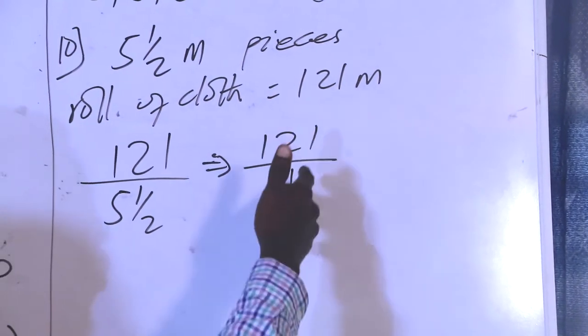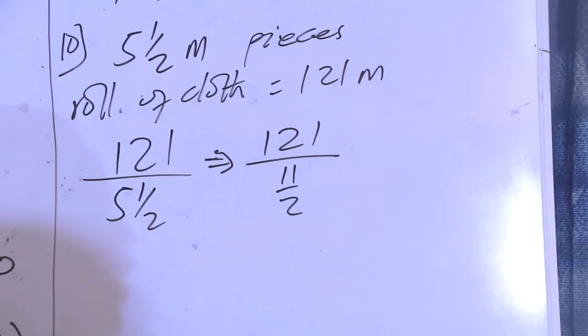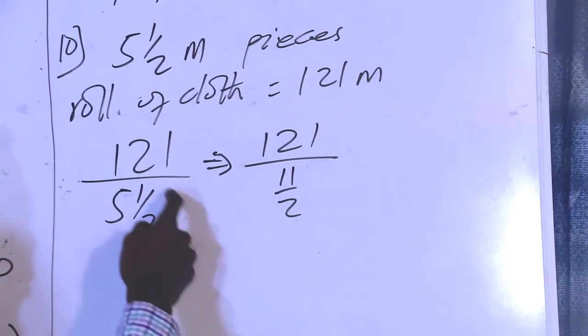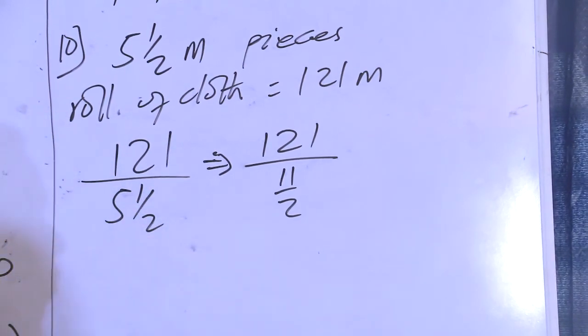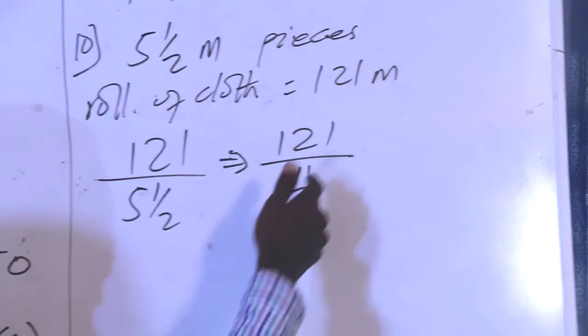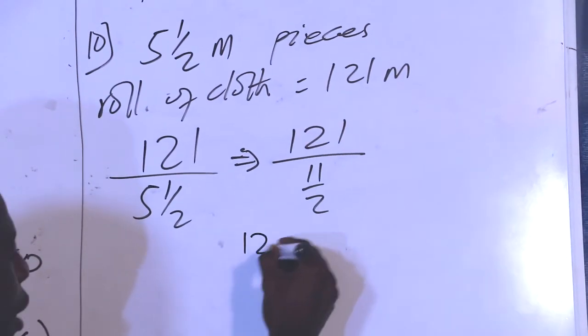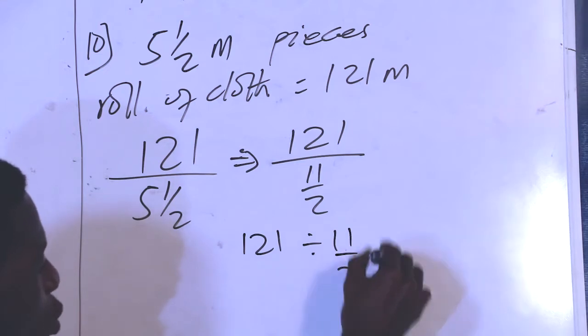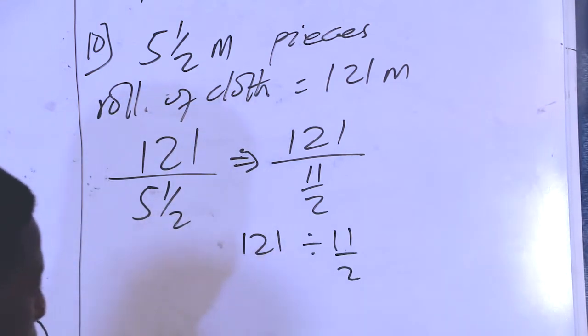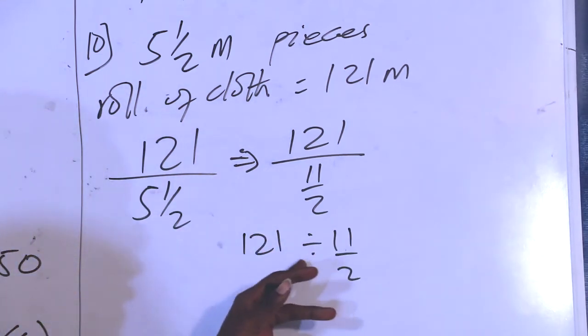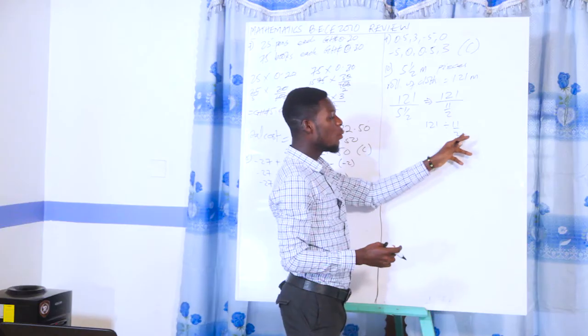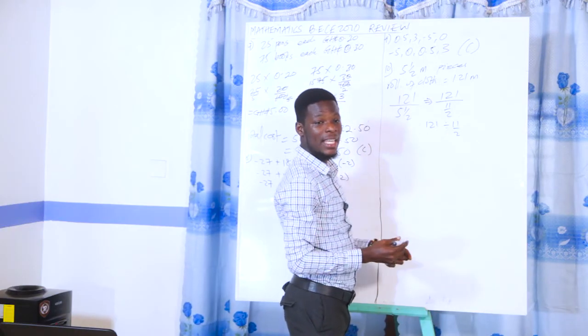So we have 121 divided by 11 over 2. That is as a result of converting 5.5 into an improper fraction. The principle says that we change this division to multiplication and then we reciprocate the fraction.